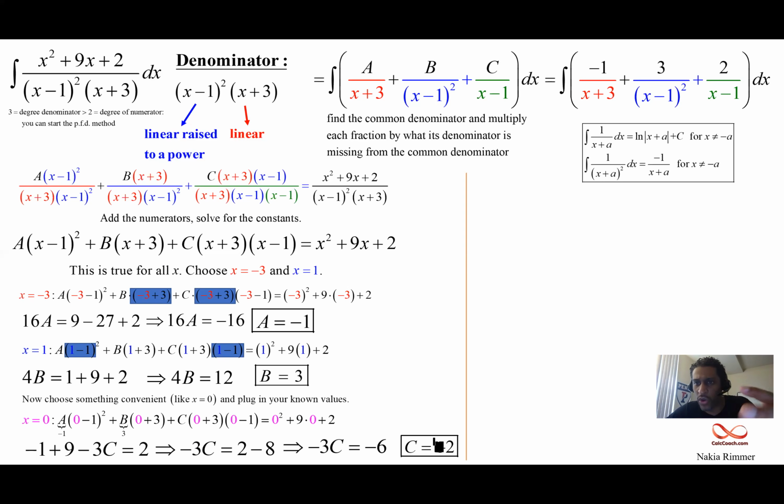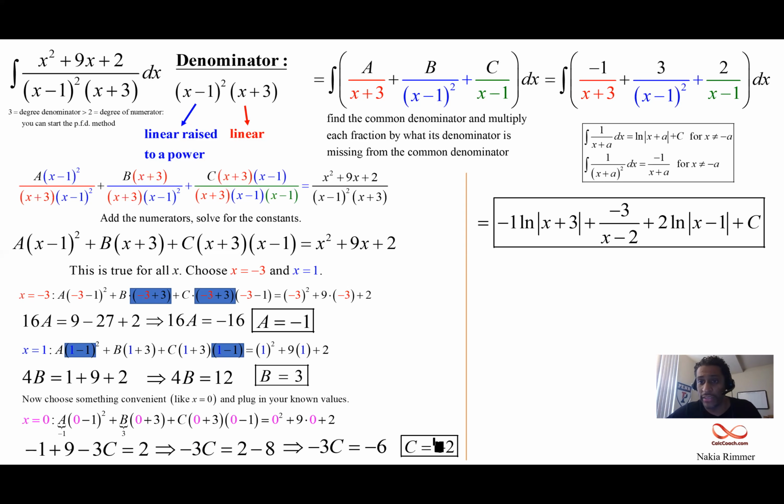We'll have a -1 natural log of x plus 3. We'll have a -3 on top of x minus 1. And then we'll have a 2 natural log of x minus 1. That's our antiderivative. We're done with the question. Partial fraction decomposition is based on you correctly identifying those terms in the denominator.